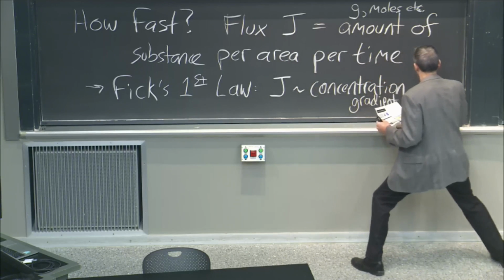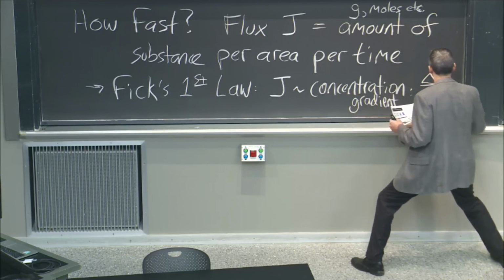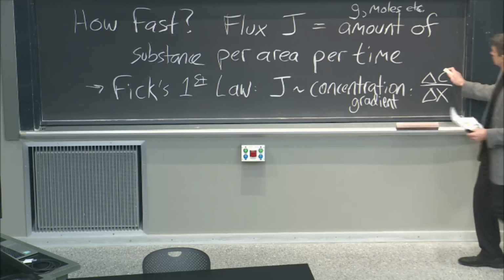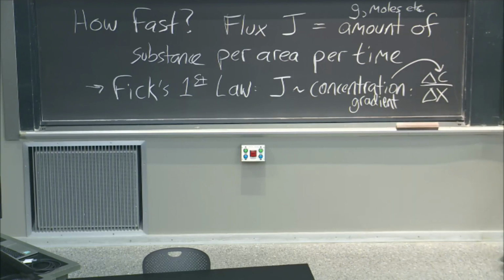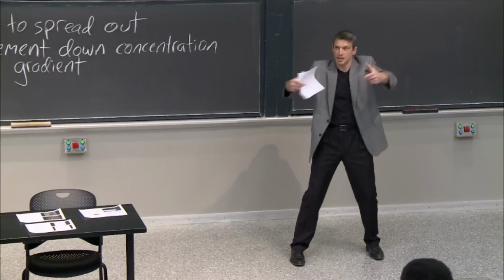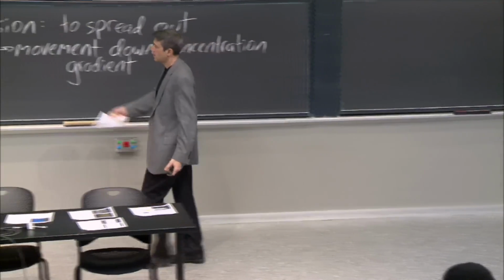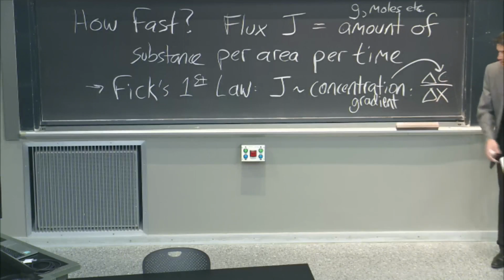So that's like the change in C divided by the change in X. C is concentration. Concentration is C, right? We could use brackets, bracket A, concentration of A, mass per liter, something like that. Well, I'll use the letter C, delta C over delta X. So that's the concentration gradient.